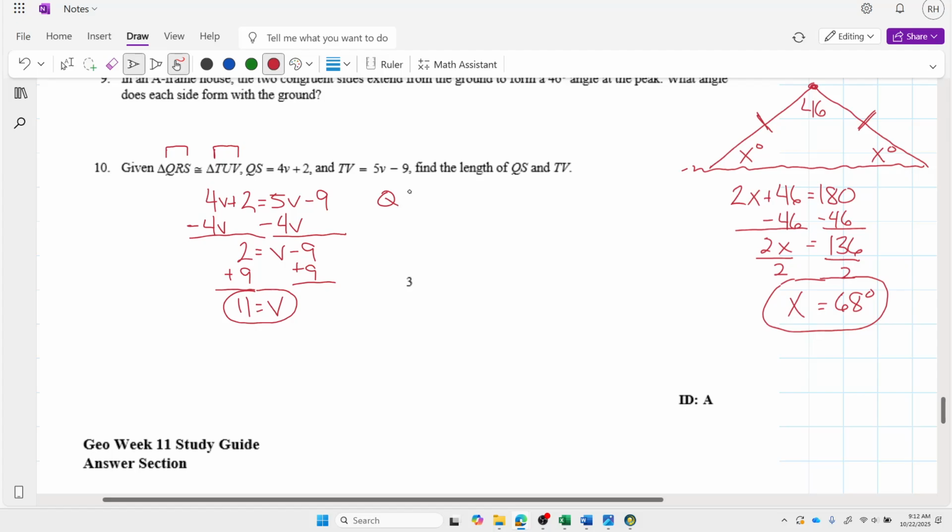QS is equal to 4 times 11 plus 2. 44 plus 2 is 46. And T to V is equal to 5 times 11 minus 9. And 55 minus 9 is 46 as well.